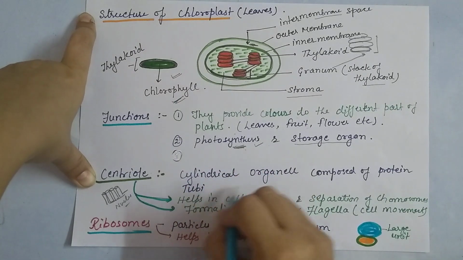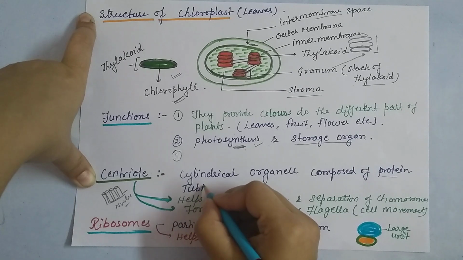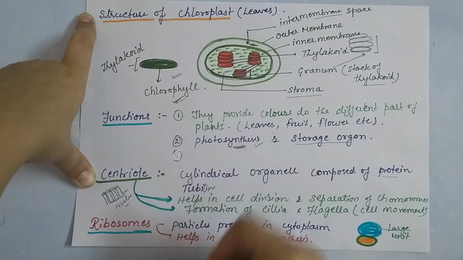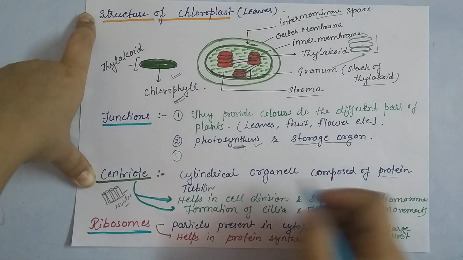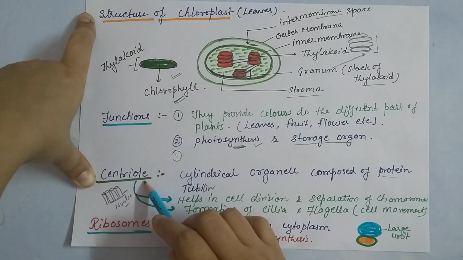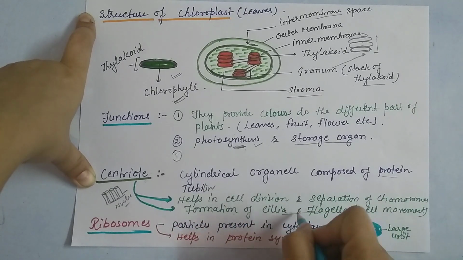It is a cylindrical organelle composed of tubulin protein. It helps in cell division and separation of chromosomes. Basically it works during cell division and in the formation of cilia and flagella.